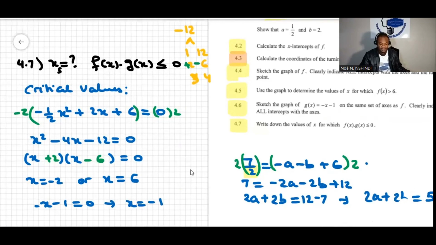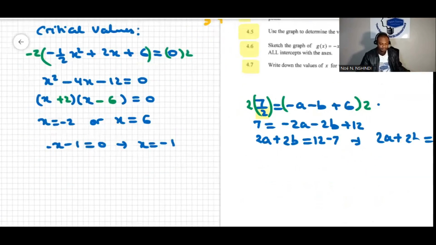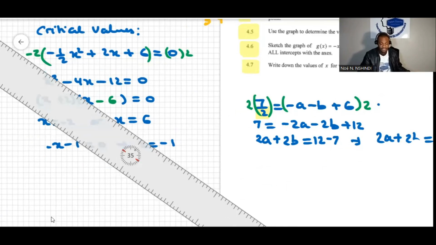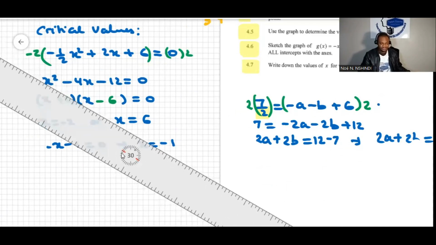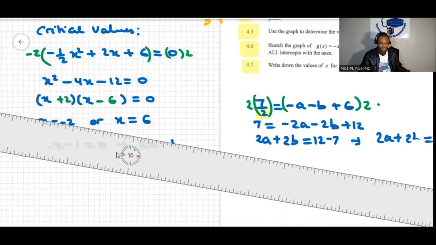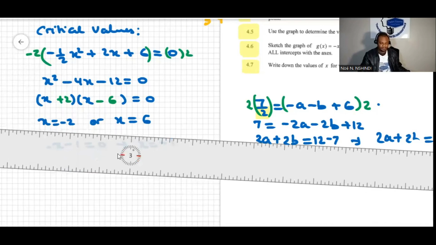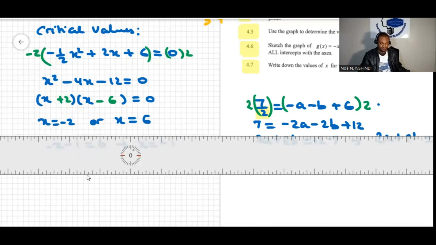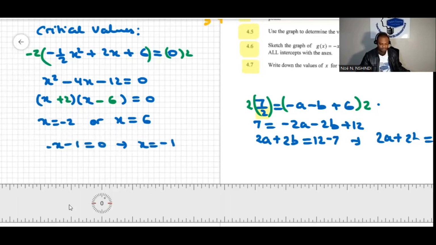Then you can draw the number line, and it represents all the critical values. Maybe you can just try to be accurate a little. I'm just going to use my calculator to draw the number line, and then place my critical values on the number line.